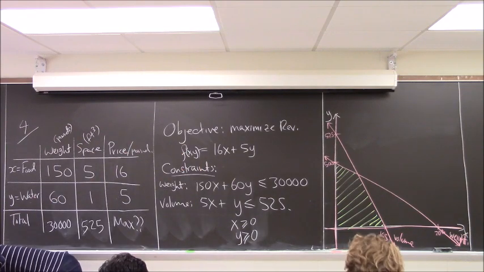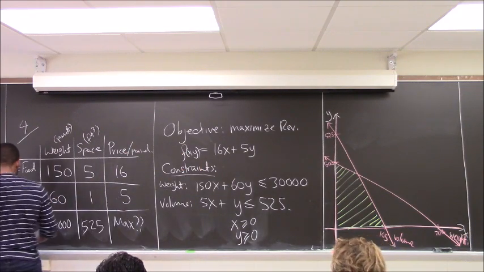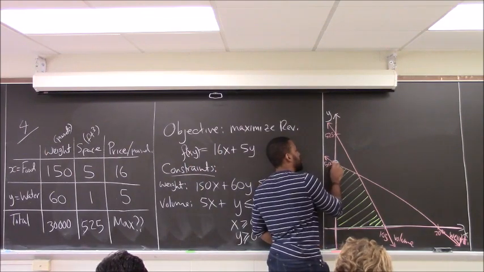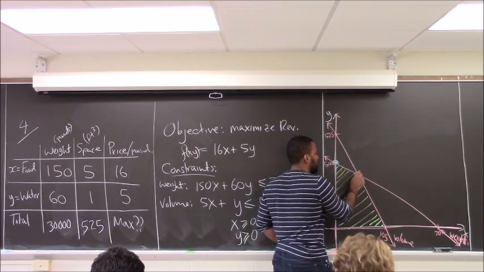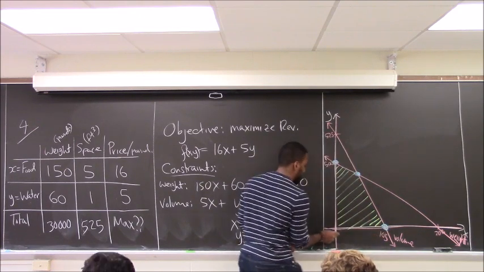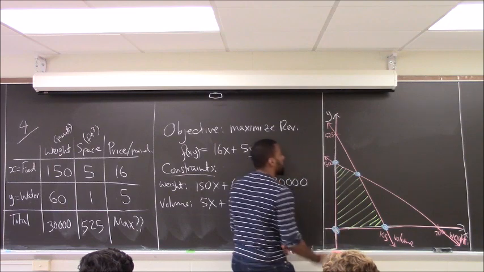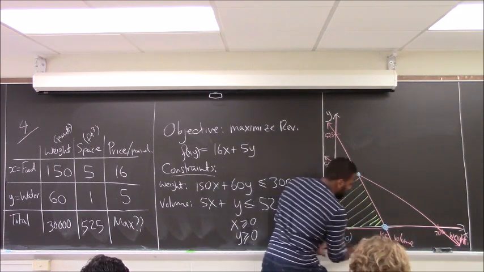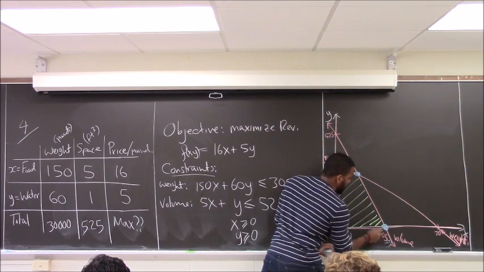And of course, based on the theorem that we had last week, we know that what's important to us is going to actually be the corner points of the feasible region. Now, three of them are easy. This is 0, 0. This is 105, comma 0.